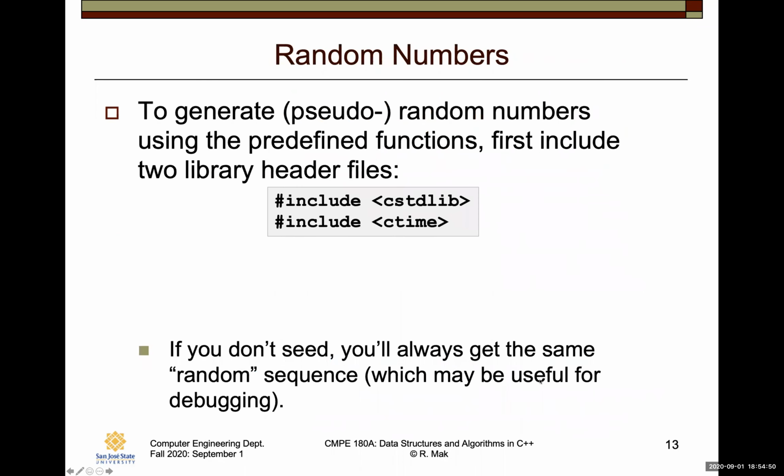All right, now I want to talk about random numbers because your next assignment is going to use random numbers, okay? Now, when we talk about random numbers with a computer, you're not actually getting true random numbers, you're getting pseudo-random numbers. And they're pseudo-random because even though they look random, they're being generated by an algorithm.